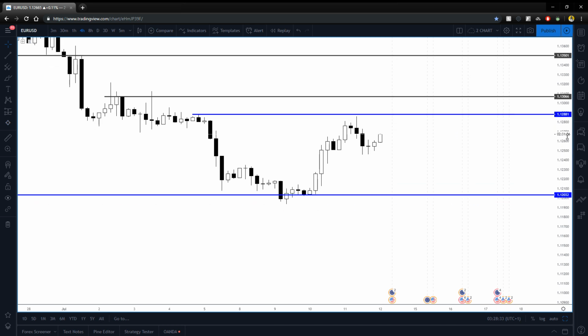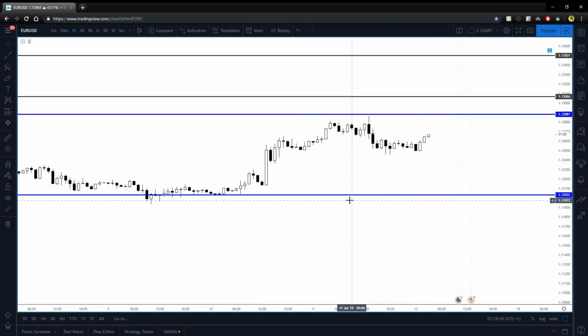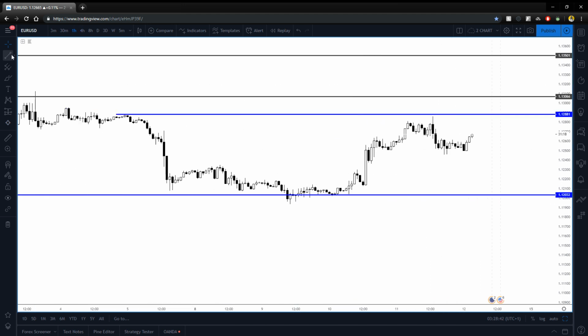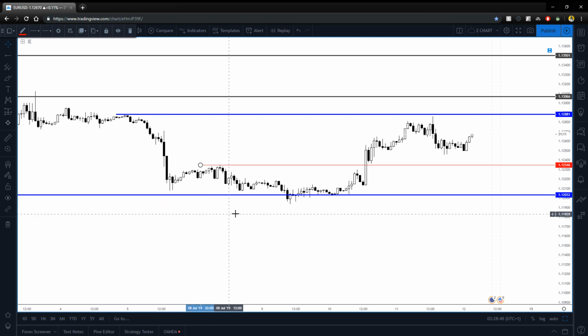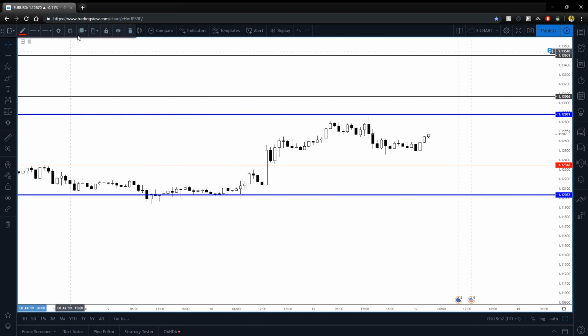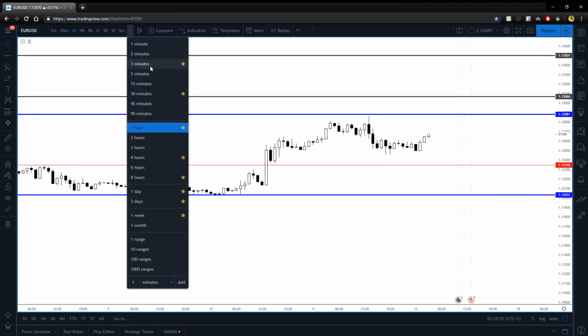Now, continuation plays. We can see an area of resistance here on the hourly, where it breaks this previous swing high, retests, and then what we actually had was the 30-minute chart.